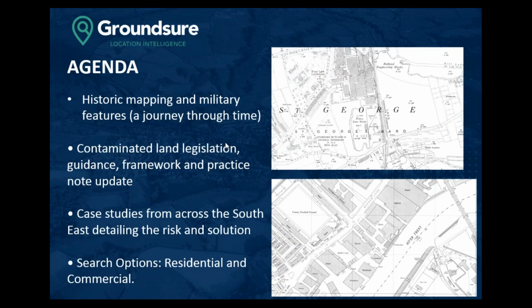So let's begin. Here's our agenda for today. Historic mapping is key in identifying historic environmental risks such as sources of contamination, as well as risks from mining activities, and tells us a great deal about how land was used or managed historically.